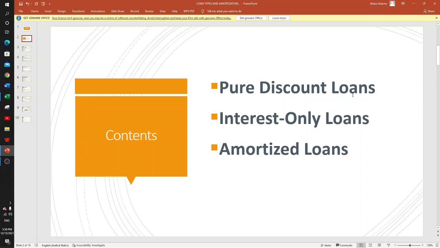Then we'll look at the interest only loan, where you pay the interest, and on the redemption date you pay the principal. Then we'll look at the amortized loan, where you make payments at certain periods, and part of each payment will pay principal and part will pay interest. So these are the three types of loan we are going to cover here briefly.